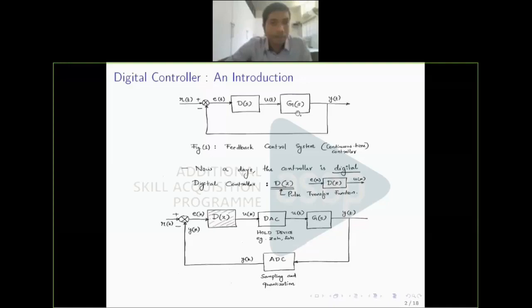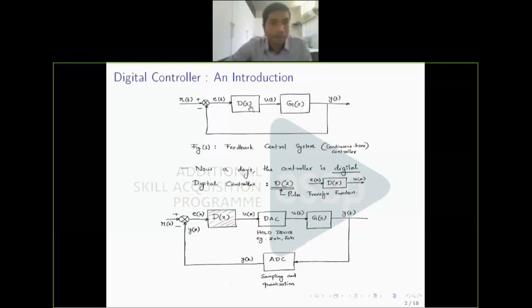So here G of S is the continuous time plant, D of S is the continuous time controller. The classical control problem is: if you are given the plant transfer function and the reference input, how do you design such a controller D of S.